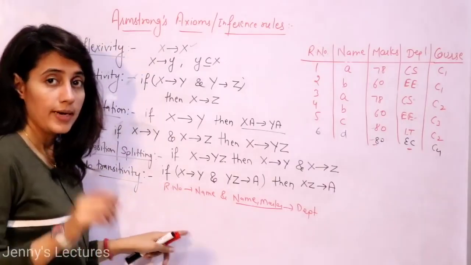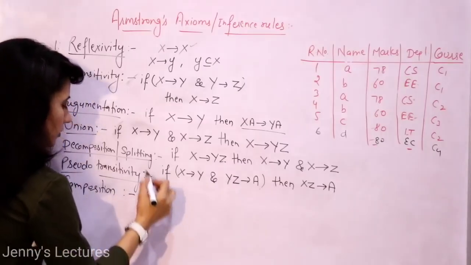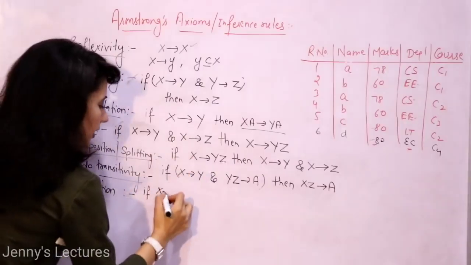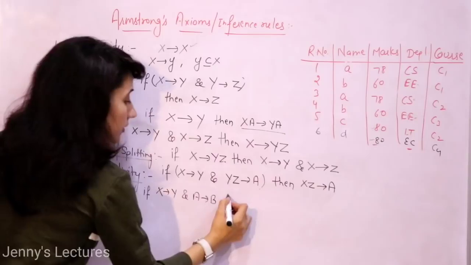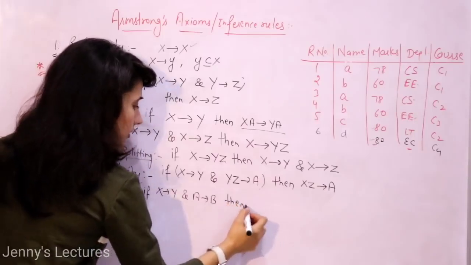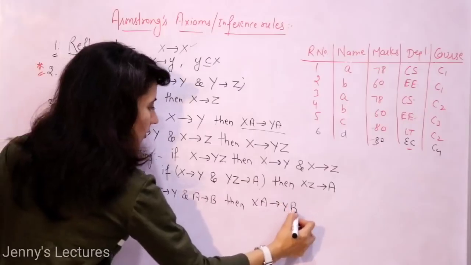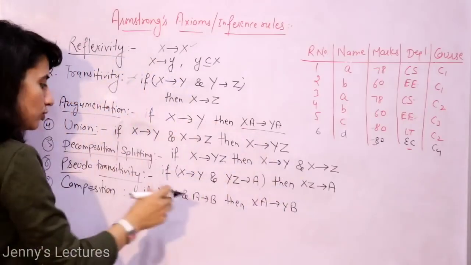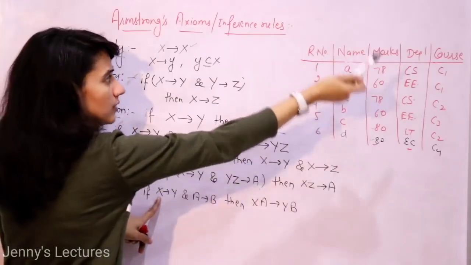Fine. And the next rule is composition. This rule says if x determines y and a determines b, then definitely you can write xa determines yb. You can compose these things. X determines y means suppose roll number determines name.